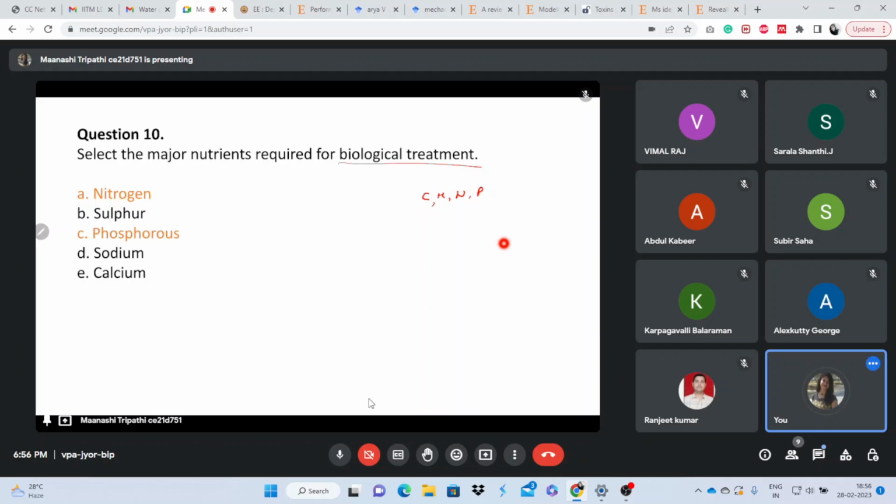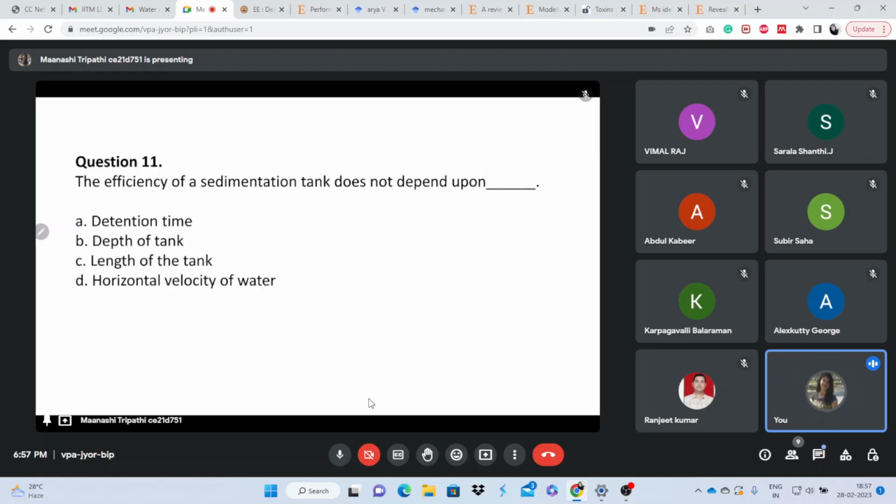So the most consumed nutrients are nitrogen and phosphorus. Sulfur is also there, but its concentration in the body is very low in comparison to nitrogen and phosphorus. For any biological treatment, whether we use bacteria or algae, nitrogen and phosphorus will be consumed more. Let's move towards the next question.